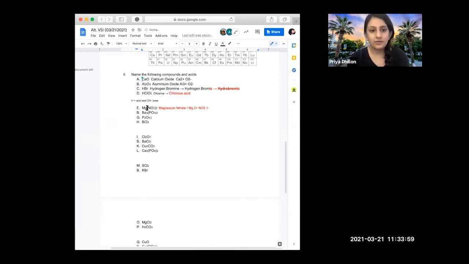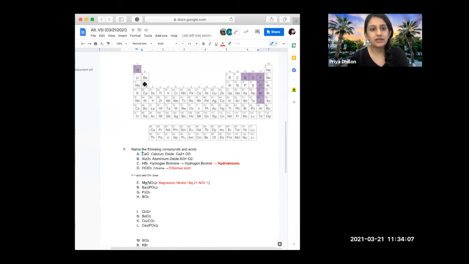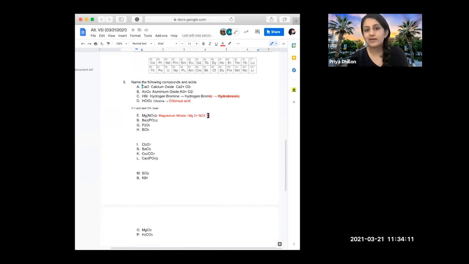Basically, you can see that there isn't anything here, that just means there is 1. And then you can also check, magnesium here is 2 plus, so you will know that this one is minus. Okay, good job. That was really good.